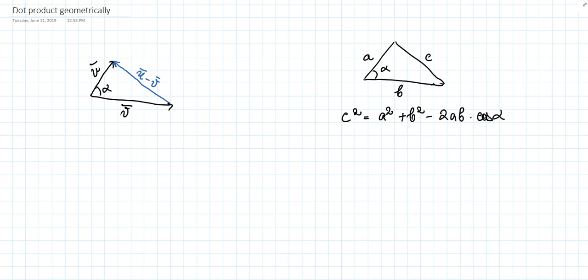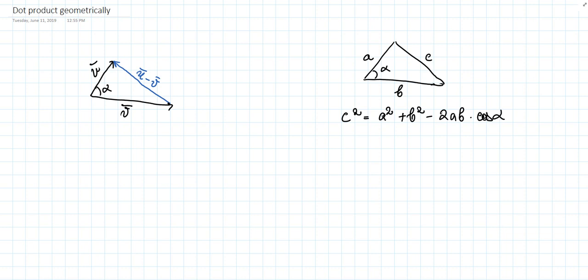One of the particular cases of this Cosine Theorem is the Pythagorean theorem, right? Where alpha is equal to pi over 2, the cosine of alpha becomes 0. So that is why c squared becomes equal to a squared plus b squared, okay? So we are going to use this theorem here, okay?